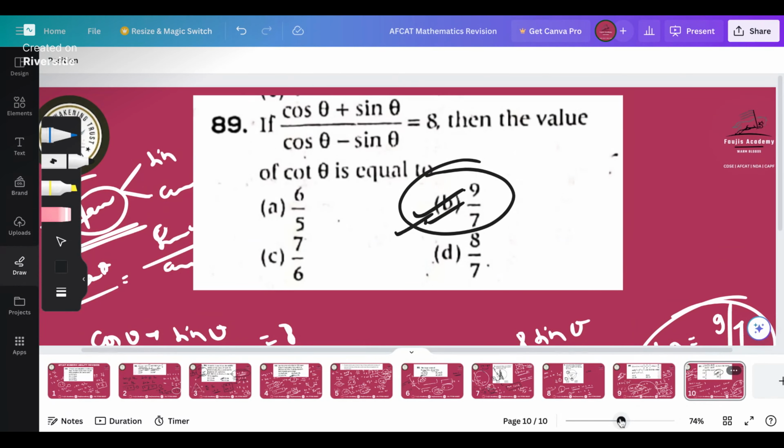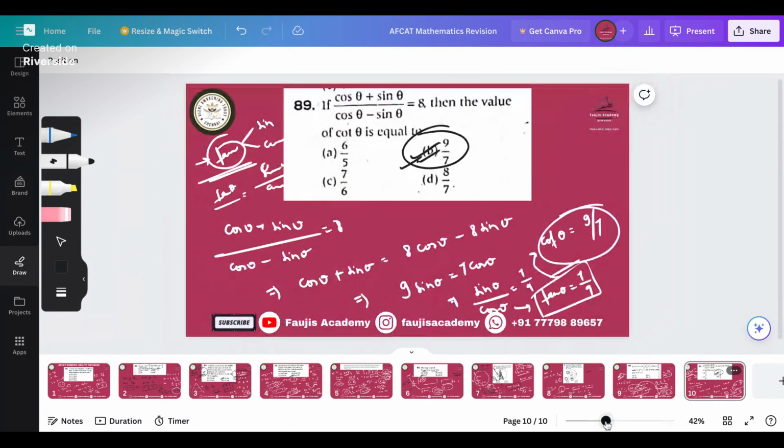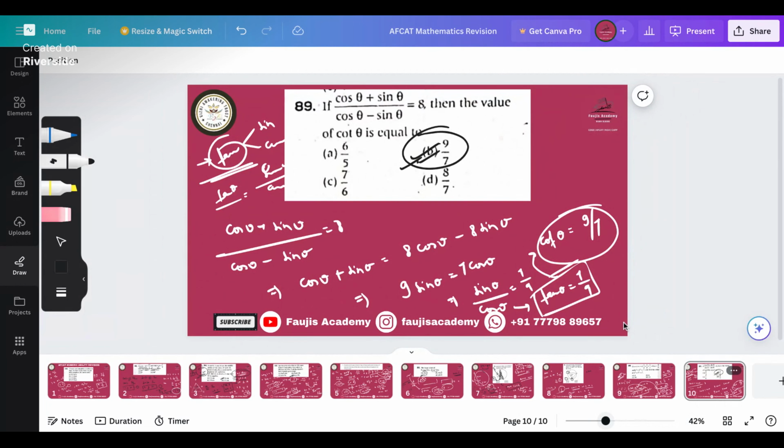Okay. So with this, we almost come to an end of the revision part of it. Rest all I've already told you. There is no point doing easier sums.